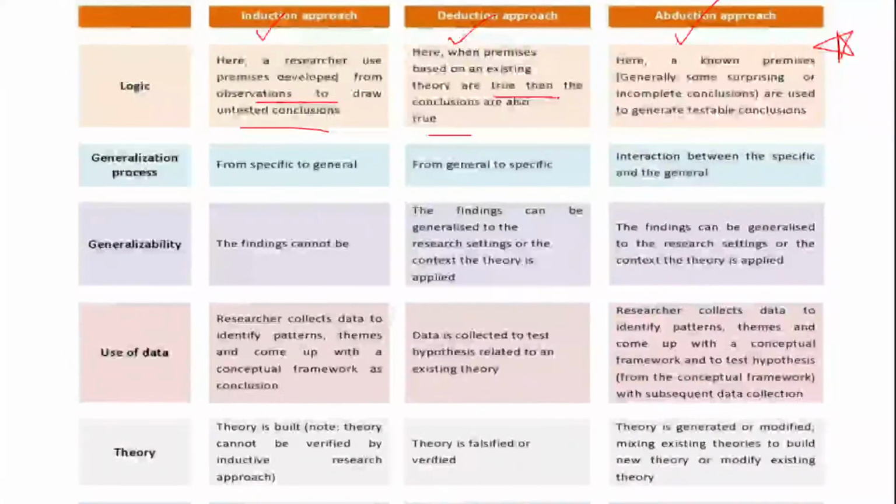If the theory is right, the conclusion comes out right. And what happens in the abductive approach? Known premises, generally with some surprising or incomplete observations, are used to generate a testable conclusion. That is called the abductive approach.